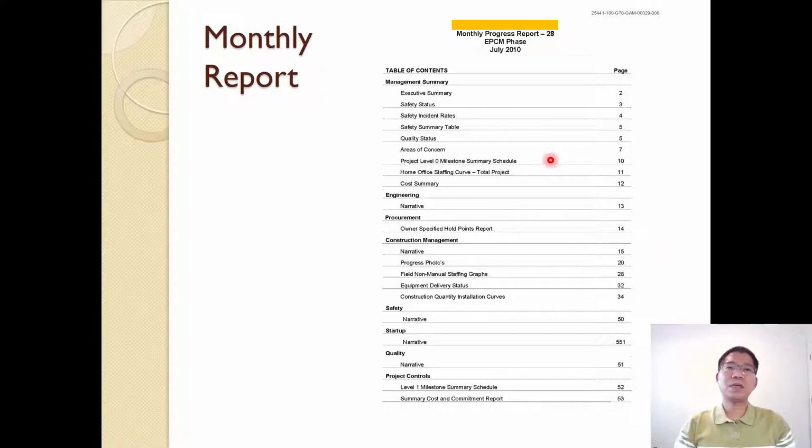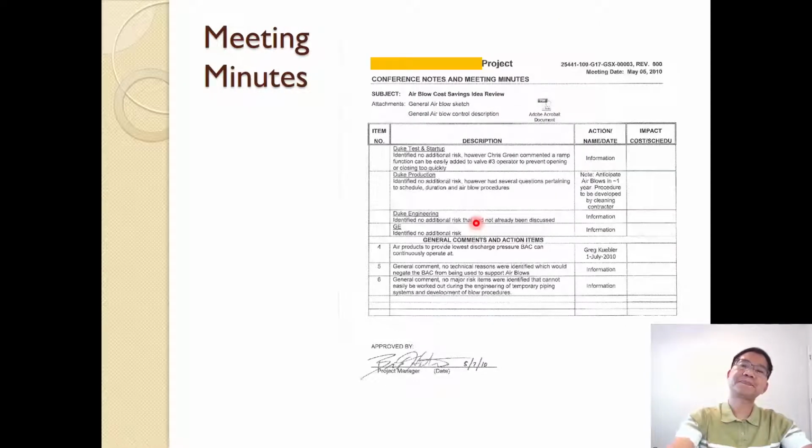It can be 50 or 100 pages for the monthly report, including an executive summary, management summary, safety status, quality status, areas of concern, cost summaries, engineering, procurement, and construction management. All of that is involved in the monthly report.